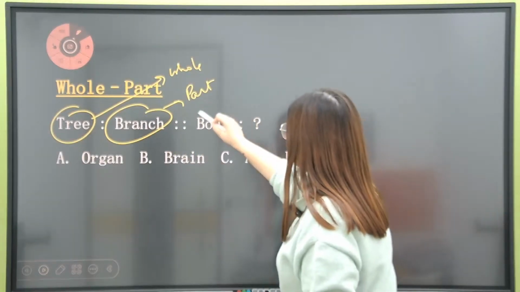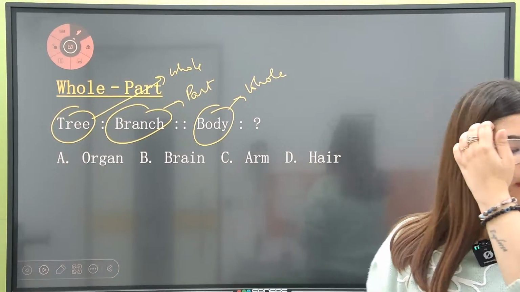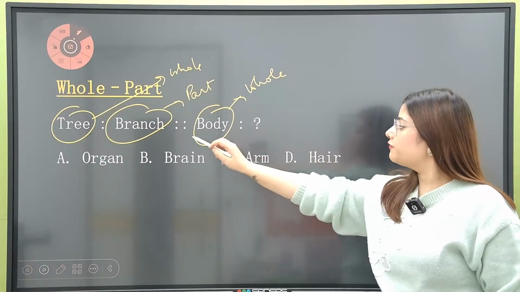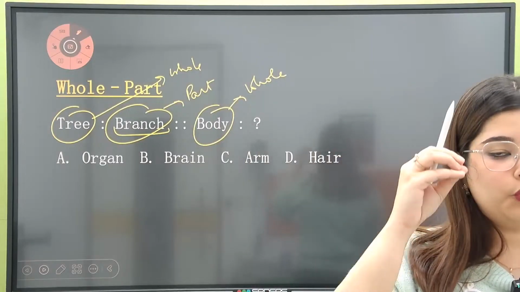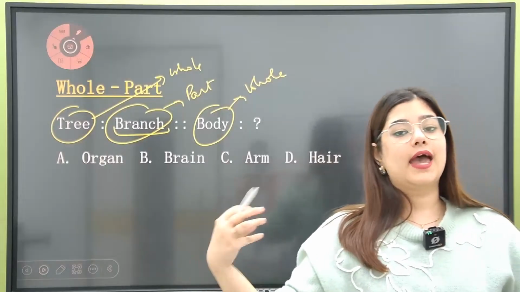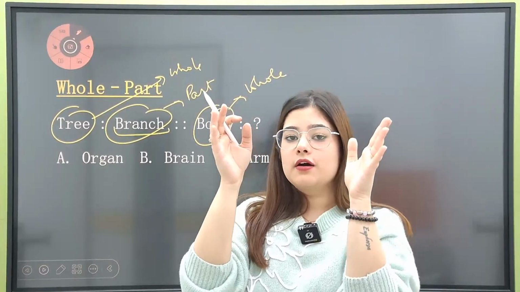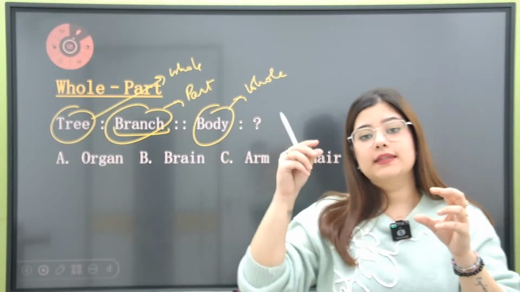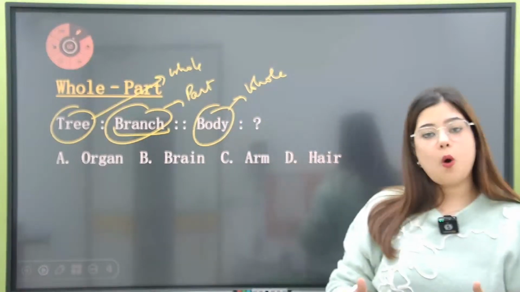Again, body, whole. Now we have to look for the correct word. Organ, brain, arm, hair. Now if you look carefully at branch, branch is an extension that protrudes from a tree. Branch is an extension, an elongation that protrudes from the tree. If we look at a tree as an object, as a whole entity, then branches elongate or protrude from that entire object.